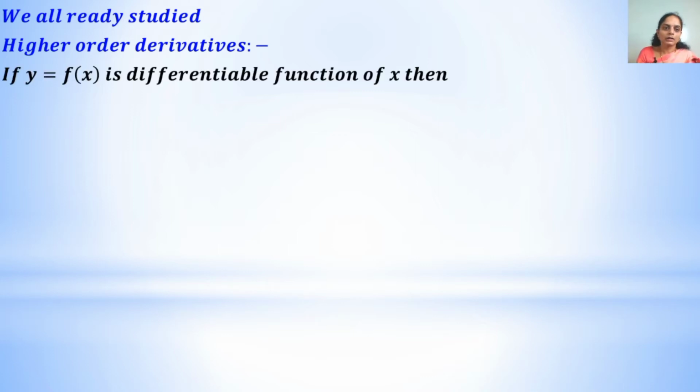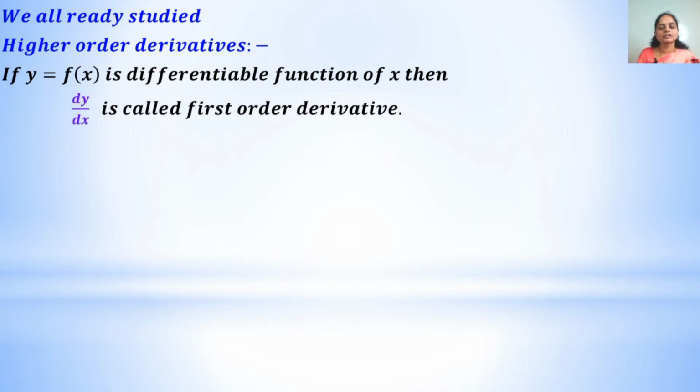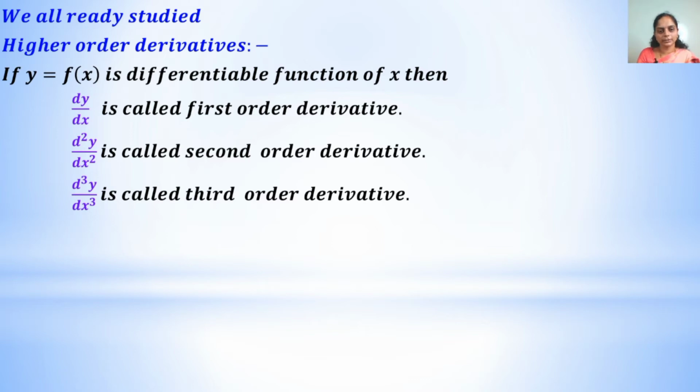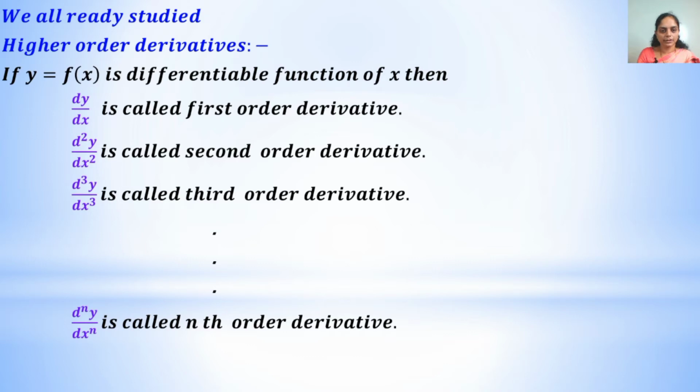We have already studied higher order derivatives in the chapter of differentiation. If y equal to f of x is a differentiable function of x, then dy by dx is called first order derivative, d2y by dx square is called second order derivative, d3y by dx cube is called third order derivative and so on. dny by dx raised to n is called nth order derivative.